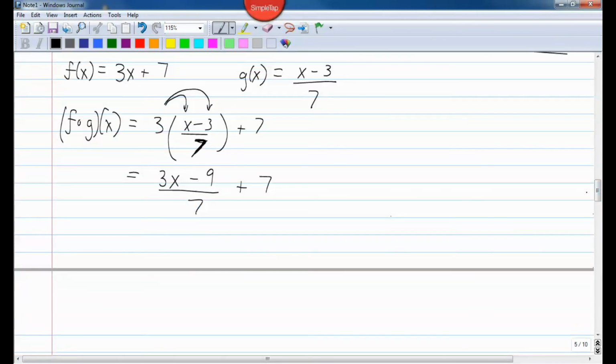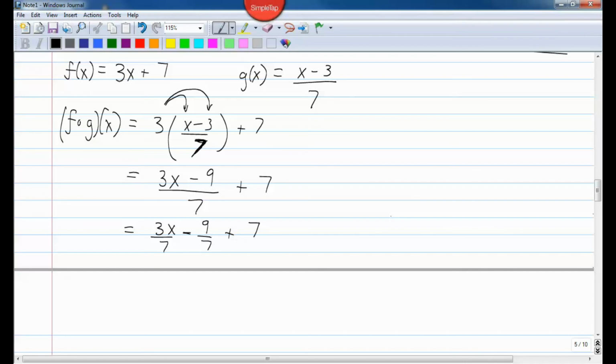There's a couple of ways you could simplify this. One way is to break this up into 2 different terms using term-wise division. This would be 3x over 7, and this would be minus 9 over 7 plus 7.